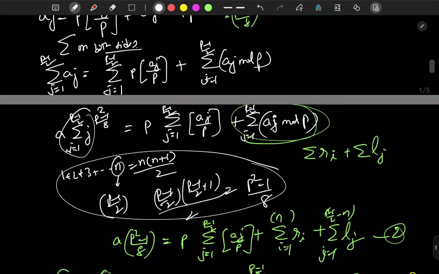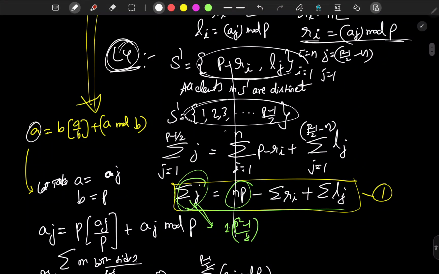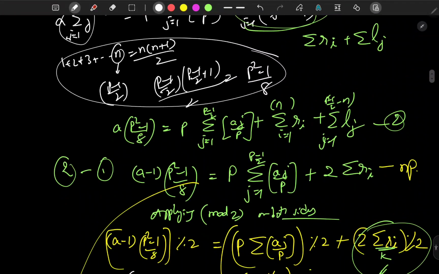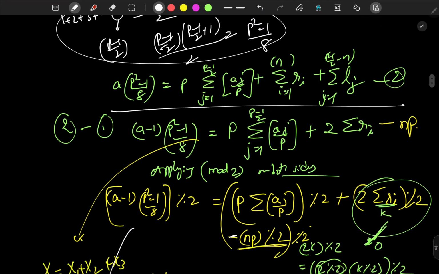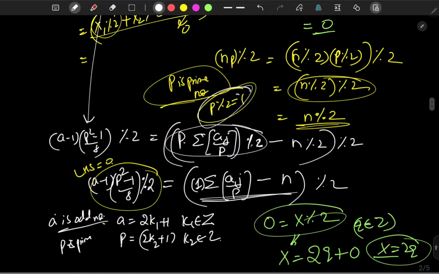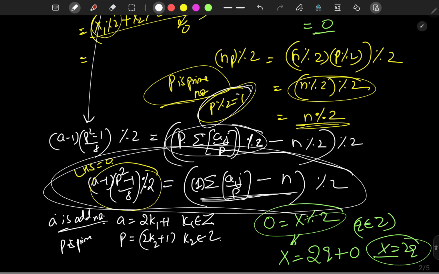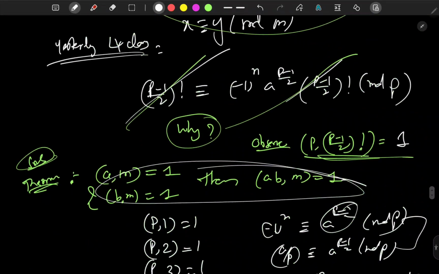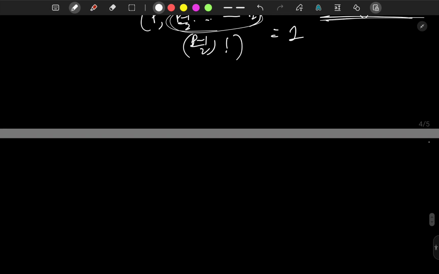So if you remember, from there to here continuously, this is the main equation. Till now we never used the fact that a is special; a can be anything.